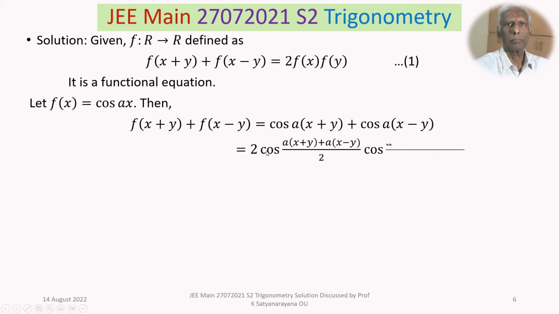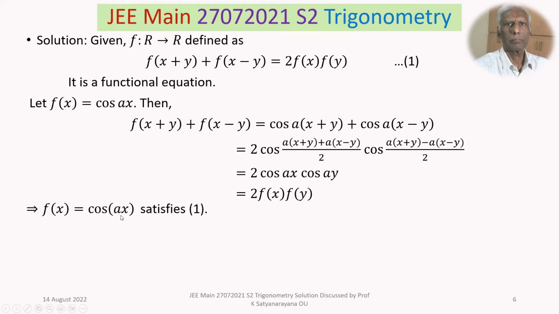So that will be 2 cos of a into x plus y plus a into x minus y, whole by 2, into cos of the difference, a into x plus y minus a into x minus y, by 2. Now ay cancels here, and here ax cancels, and you will get ultimately 2 cos ax into cos ay, and that will be 2 times f of x into f of y. So this says cos of ax works as a solution for this functional equation.